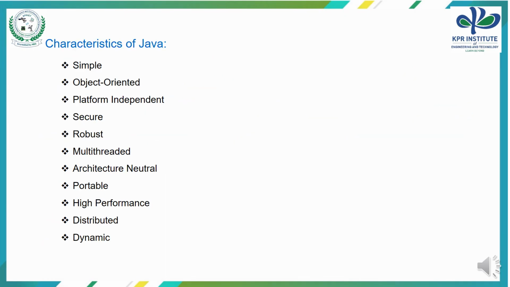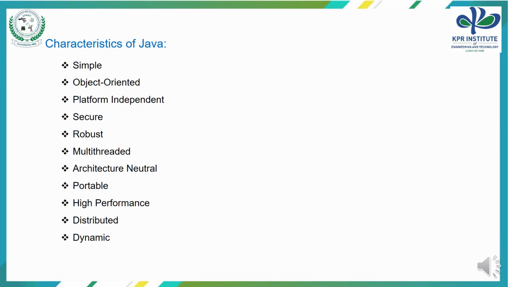So the characteristics of Java: it is very simple to use. It is object oriented, as we know. It is platform independent. A Java program developed in one operating system can get executed in another operating system also. So that is why it is called platform independent. It is very secure. That is why in essential and sensitive applications like the banking sector, we are still dealing with Java.